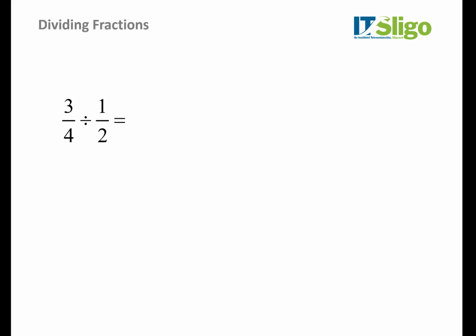When you're dividing fractions, this often causes a lot of consternation, but it's actually very simple as long as you remember what to do. You flip the divisor and multiply. So the divisor, remember we identified the divisor. In this case, it's a divisor, not a denominator, but it's still the same thing.